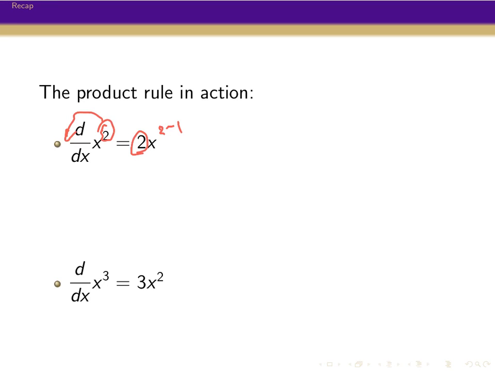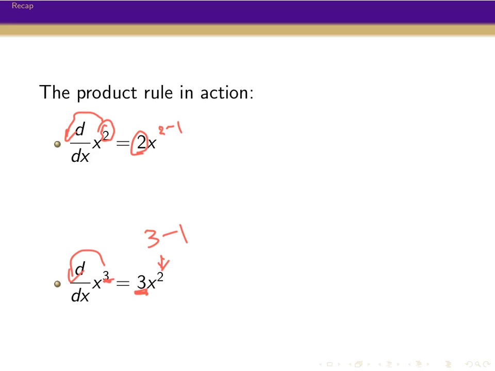So x to the 2 minus 1. And the same thing happens here for x cubed, right? So my power, I started off with 3. What happened to that 3? Well, it came down. I ended up with 3x squared, with 3. And then my new power here, 2, I can think about 2 as being 3 minus 1.